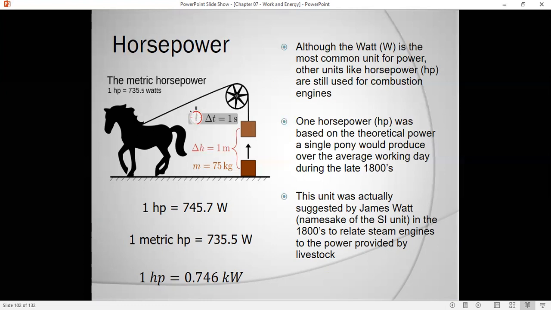Now, this unit was actually suggested by, oddly enough, the namesake for the SI unit for power, James Watt. And again, it was a way of relating the work done by a steam engine to the work that could be done by agricultural livestock.